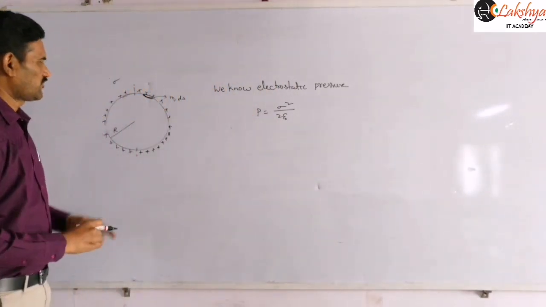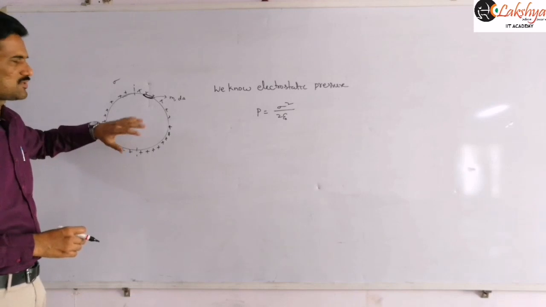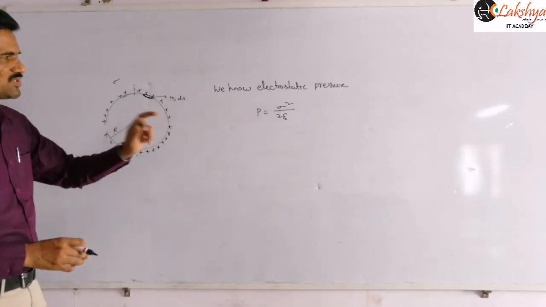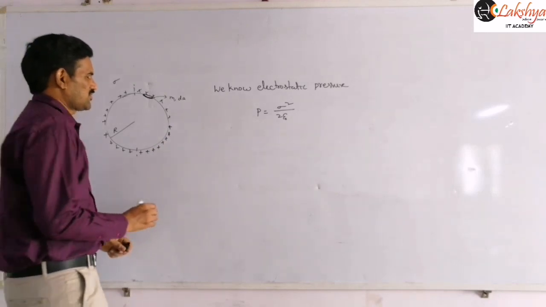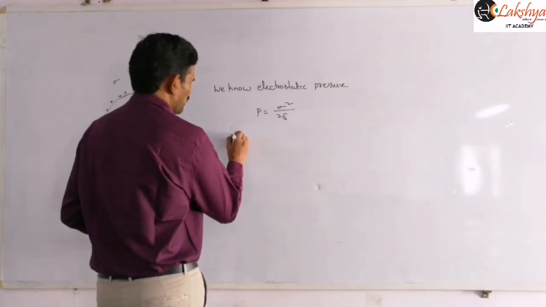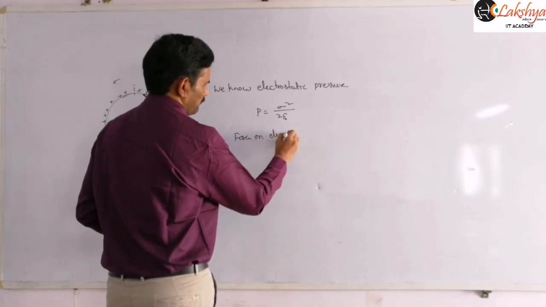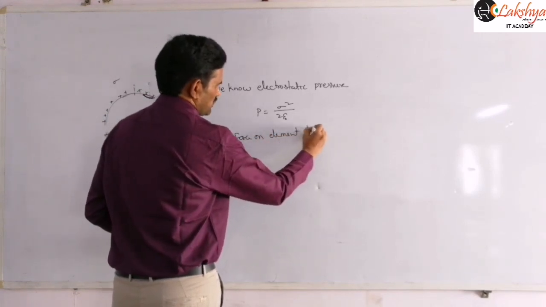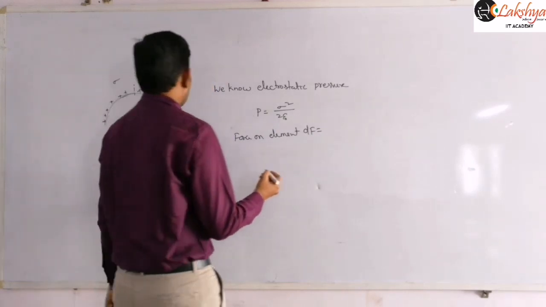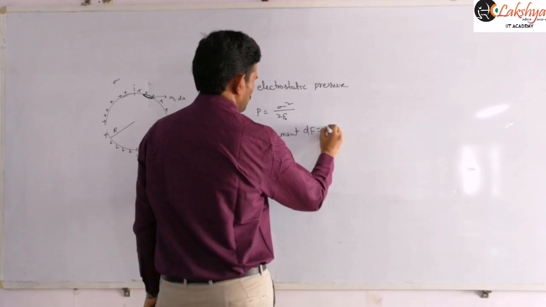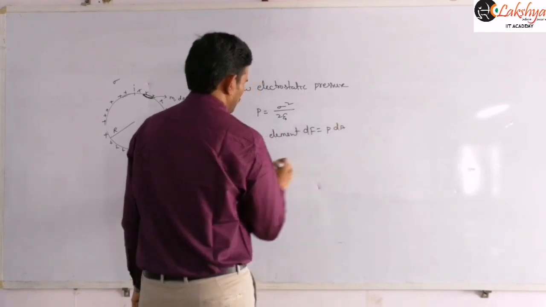Without affecting means there is no bouncing back of this material; it will remain there only. Again, we know the electrostatic pressure P is equal to sigma square by 2 epsilon naught. Now the force acting on that element is dF equal to P into dA.